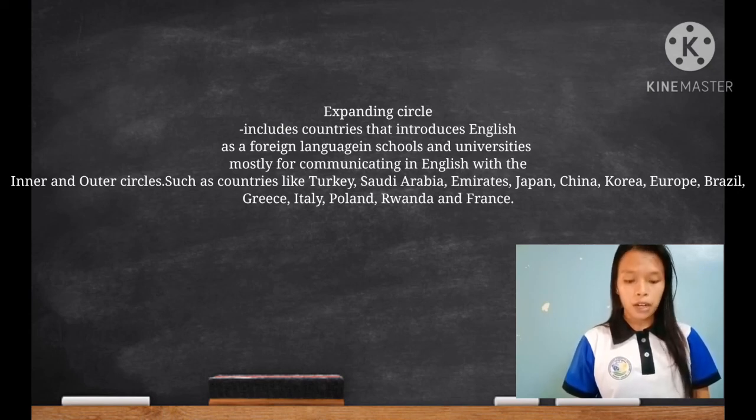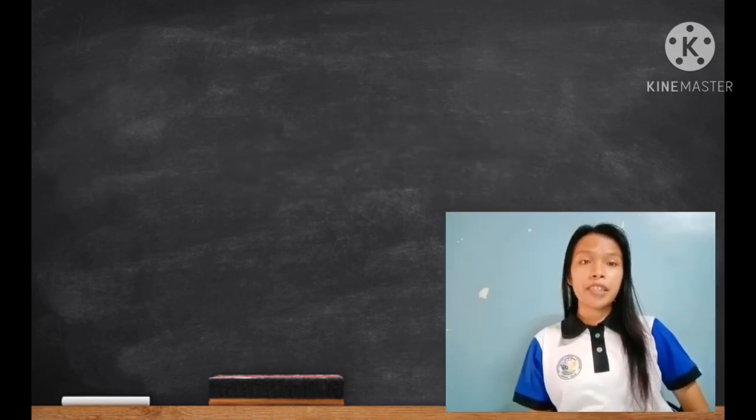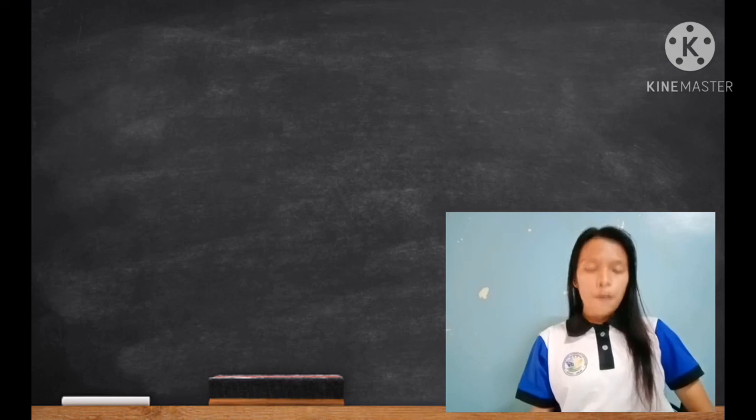These countries are Turkey, Saudi Arabia, the Emirates, Japan, China, Korea, Europe, Brazil, France, Greece, Italy, Poland, and Rwanda. These countries belong to the expanding circle for the reason that they do not usually speak English as their native language. They consider the English language as their foreign language.